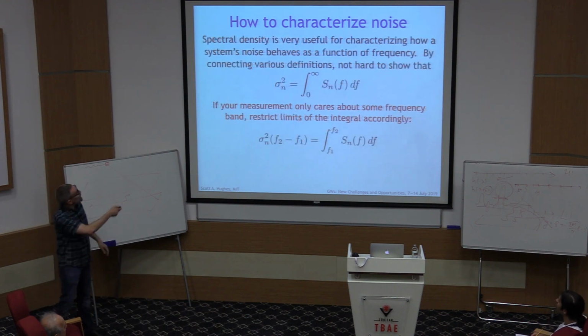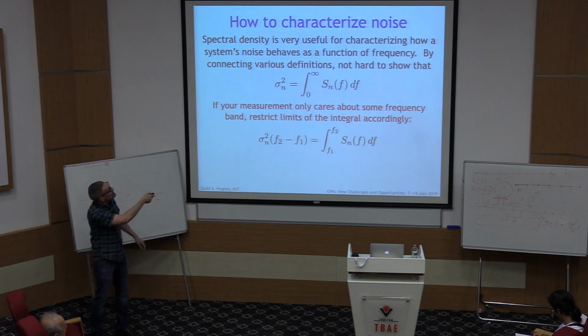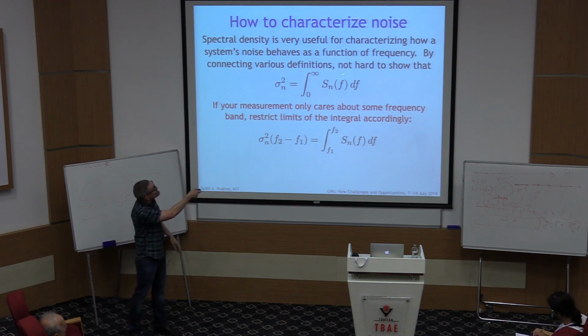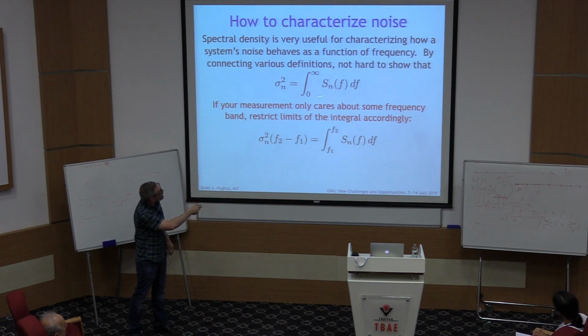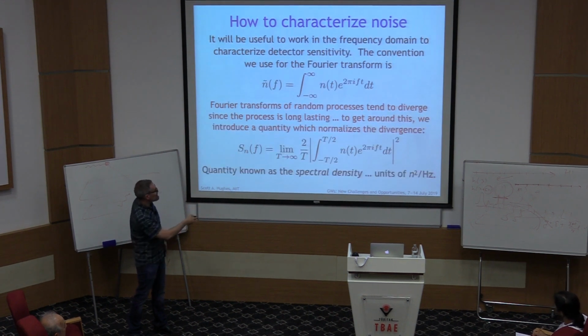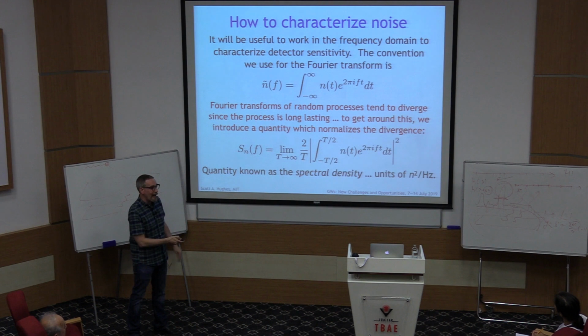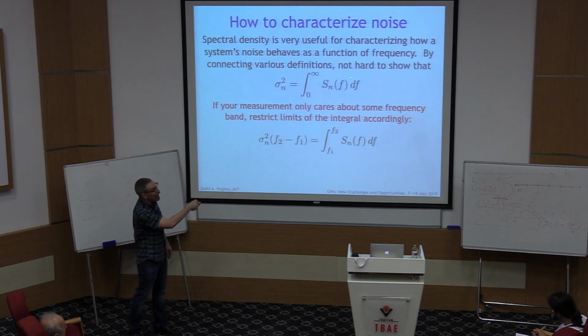Here's why. By connecting all the various definitions I've put up on these different screens, it's not hard to show that the total variance associated with the noise in my detector, so the zero-offset correlation of the noise with itself, is just given by integrating the spectral density over all frequencies. By the way, this factor of 2 is related to the fact that I'm only going to define this thing for positive frequencies.